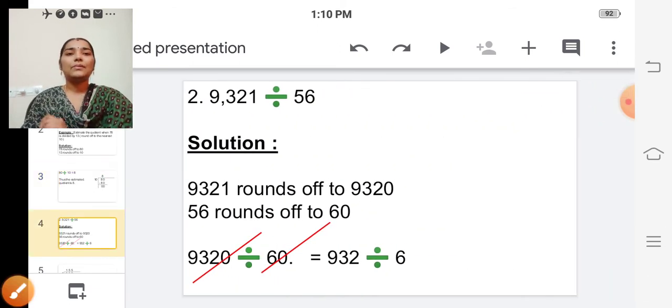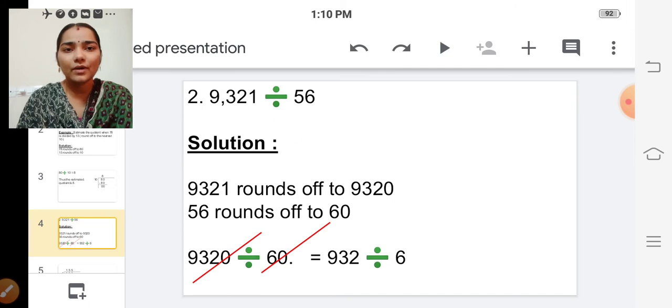See the next example. So here we are going to divide 9321 by 56. So in the first step, what we have to do? We have to round off the given numbers to the nearest 10.